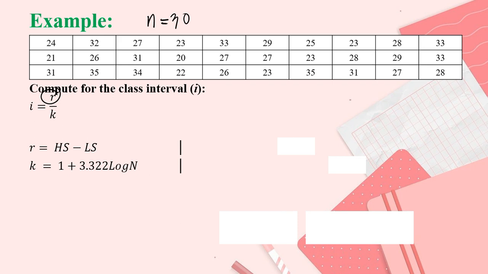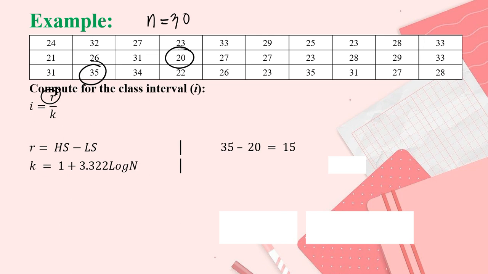By observation, our highest score is 35, and our lowest score is 20. So R is equal to 35 minus 20, which is equal to 15. So we are done with our R.